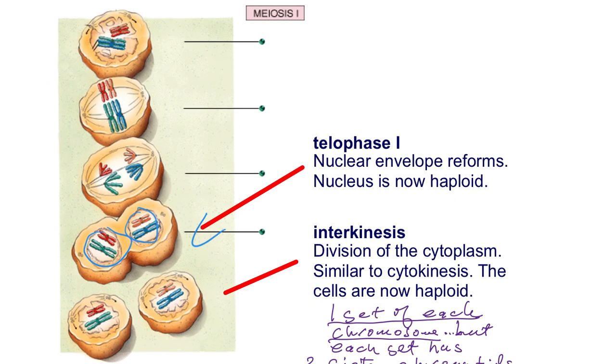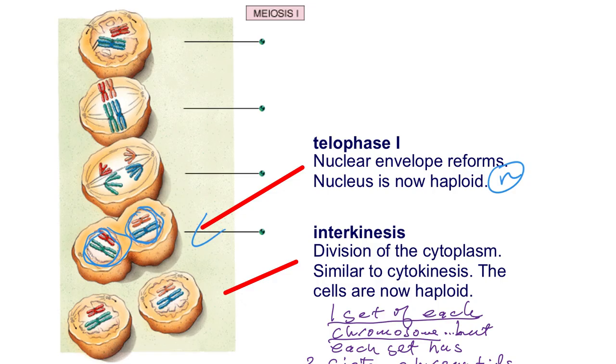Okay, telophase is simply where the cell forms new nuclear membranes around each of those new nuclei. Remember, the nucleus is haploid because there are no more pairs of chromosomes. There are chromatid pairs, but those aren't homologous pairs.